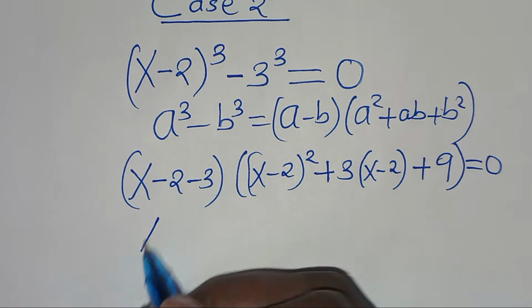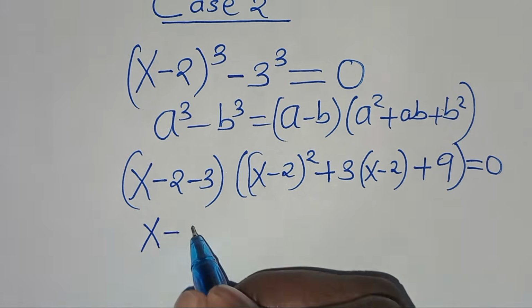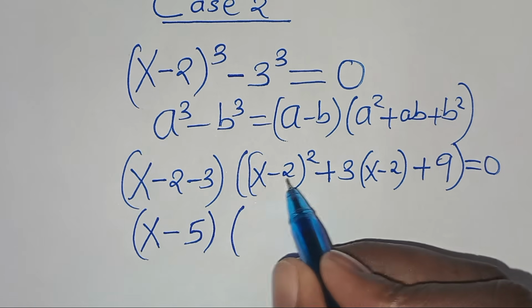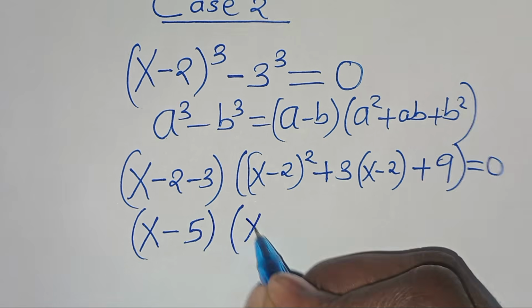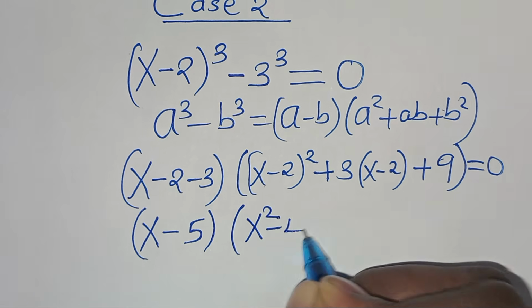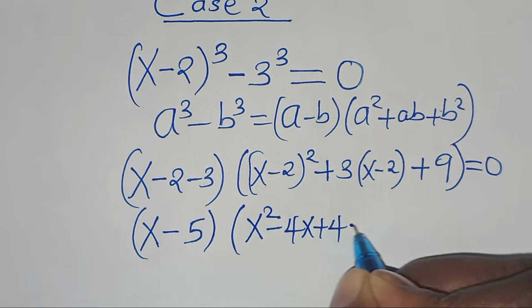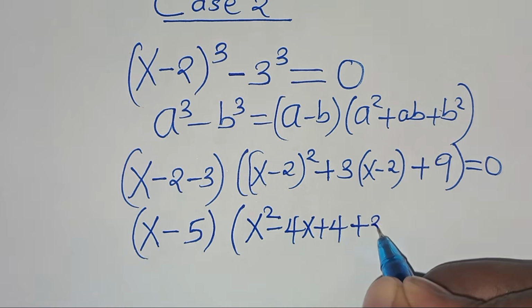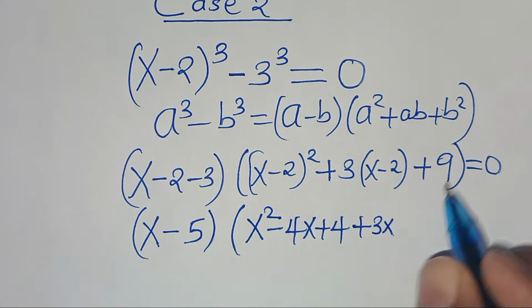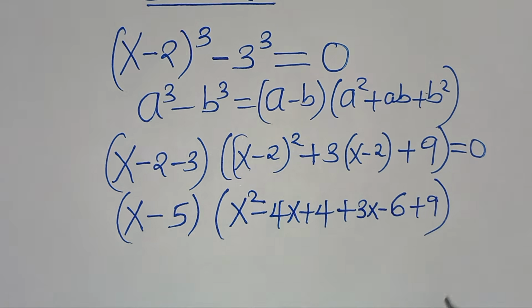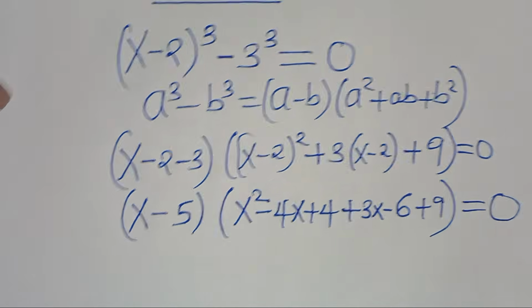So this is (x minus 2 minus 3), this is minus 5, and then here we have (x minus 2) to the power of 2. This is x squared minus 4x, then plus 4, then plus 3 times x, this is 3x, 3 times minus 2, this is minus 6, then plus 9. This is equal to 0.